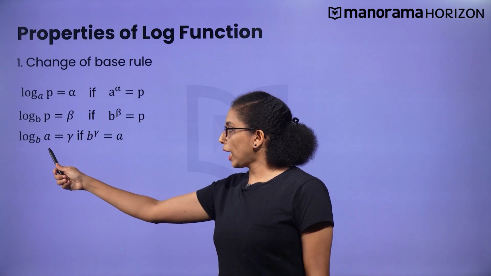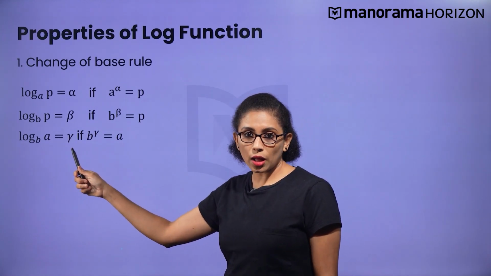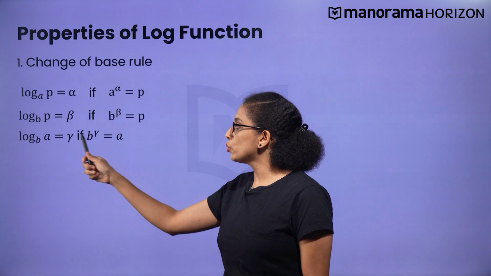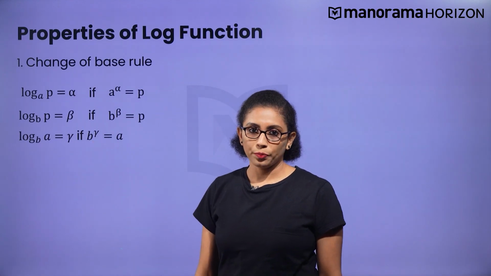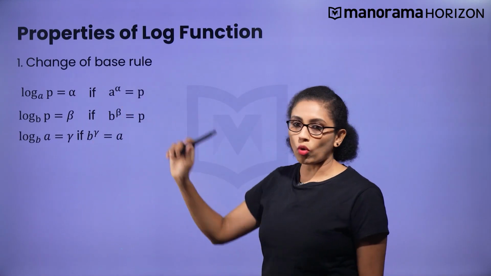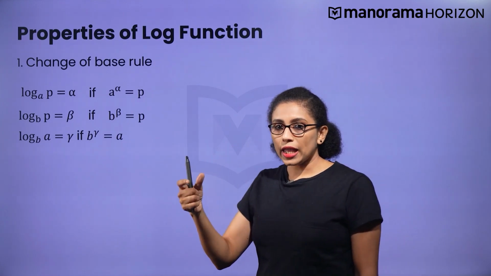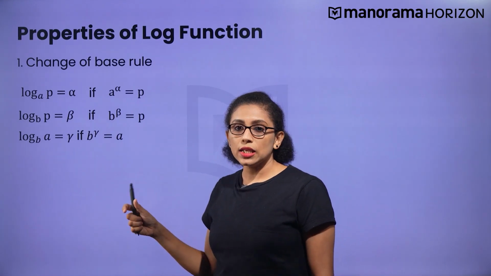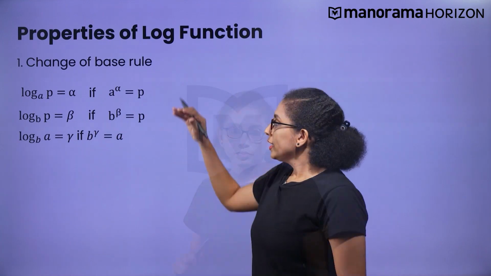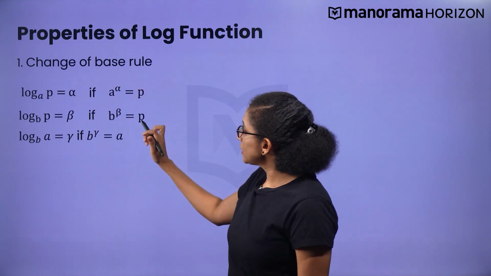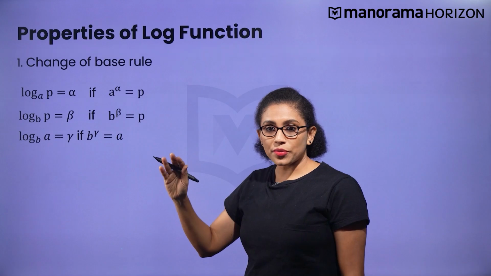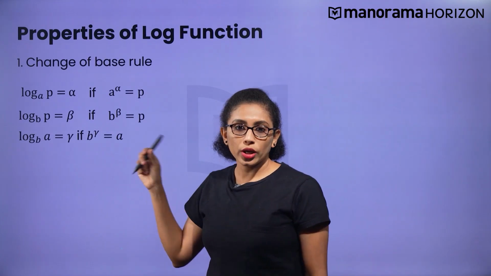Now, log a to the base b is taken as gamma if b raised to gamma is equal to a. Now, taking the first one, instead of a, give the substitution as b raised to gamma.